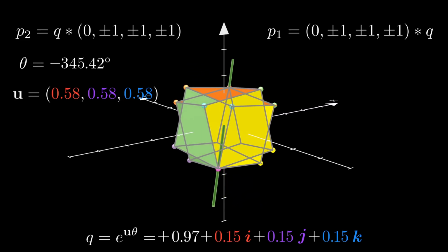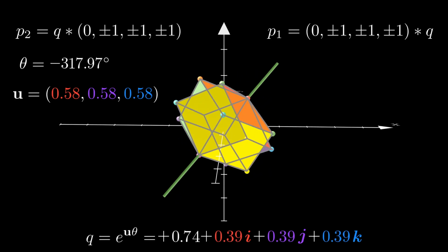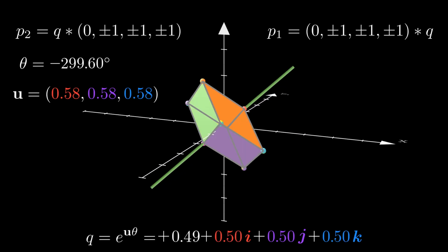See, this is not the same result. The cube multiplied from the left actually rotates in the opposite direction as the cube multiplied from the right.